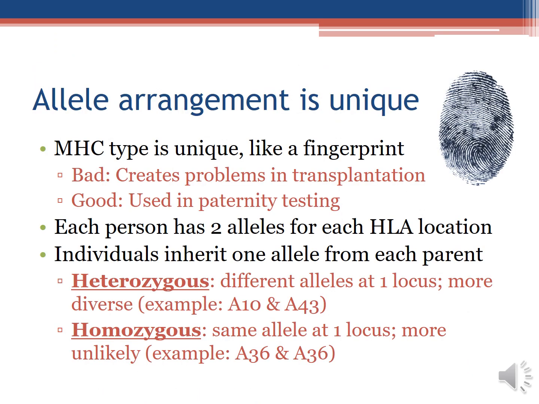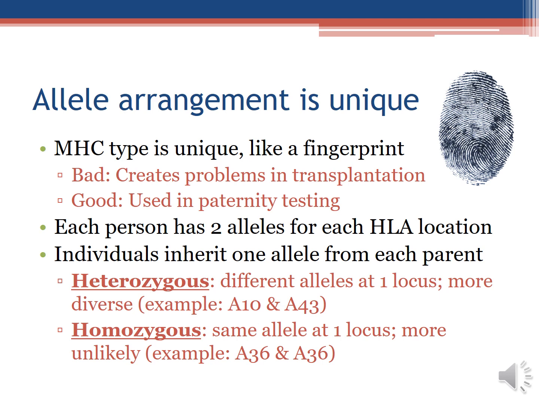Needless to say, our allele arrangement is highly, highly unique. We could almost consider it our fingerprint. The good news is that we could use this to determine paternity testing or maternity testing.